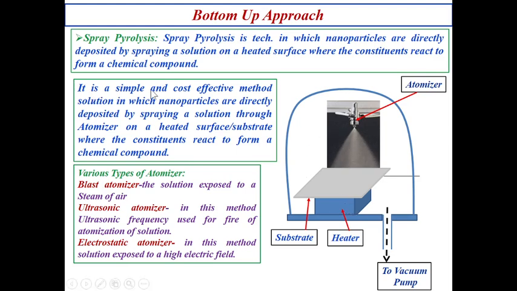It is a simple and cost effective method in which nanoparticles are directly deposited by spraying a solution through an atomizer. Atomizer means this one. This is called the atomizer, through which the solution is sprayed on the substrate, and the substrate is on a heater.